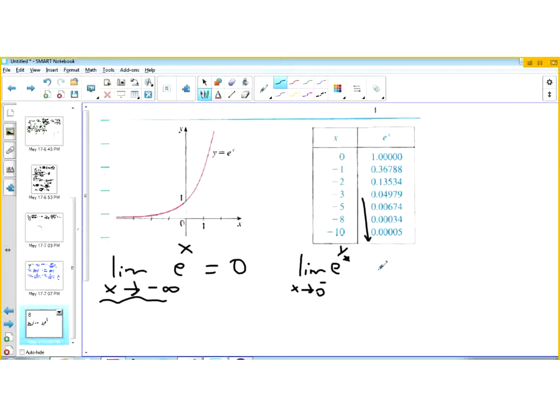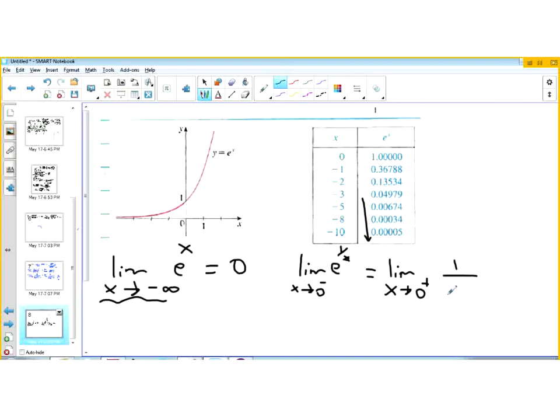Remember, if an exponent is negative, it sends it to the denominator, and so the transformed problem would look something like this. If we were to approach now 0, this is the same problem.